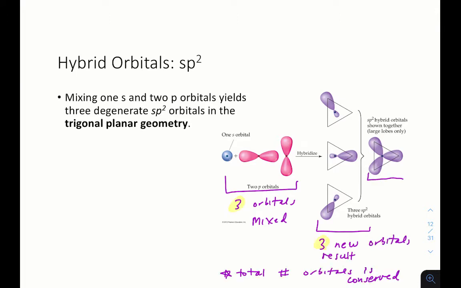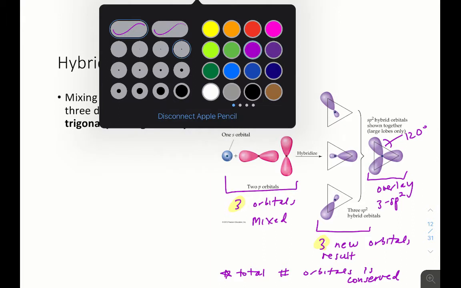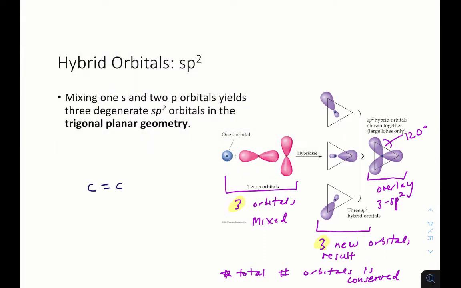Then we can overlay all three of those sp2 orbitals, and we can see, ignoring the little lobes, that there is a 120-degree bond angle between each of those orbitals, and they all lie in the same plane, and that explains trigonal planar geometry.